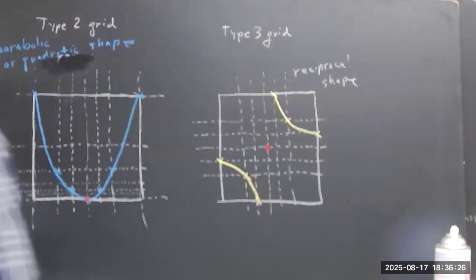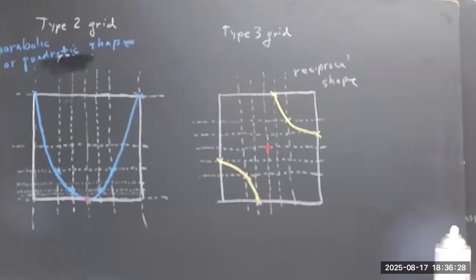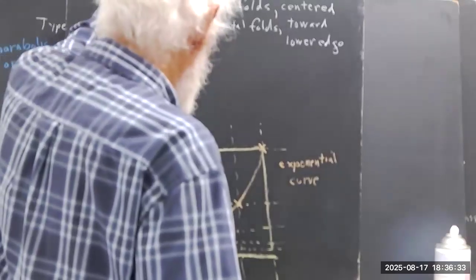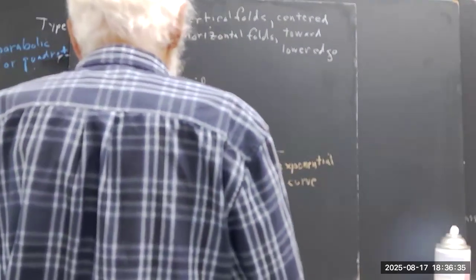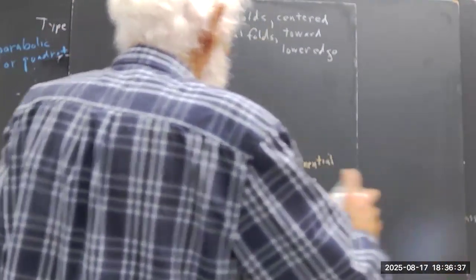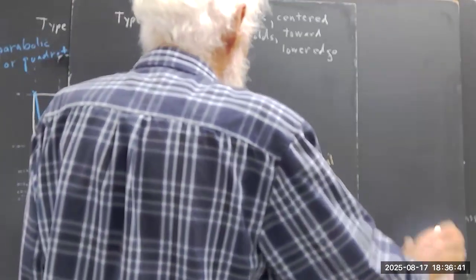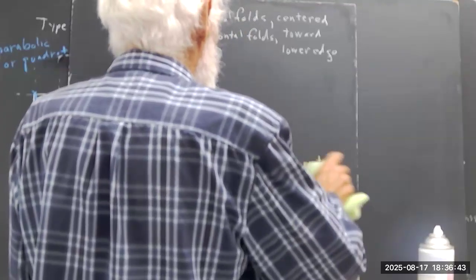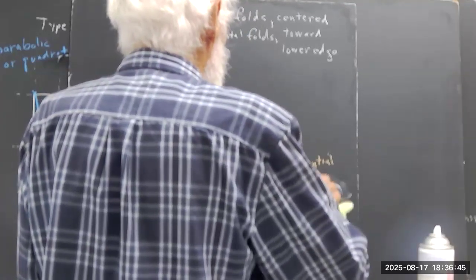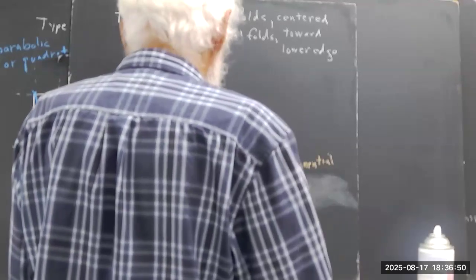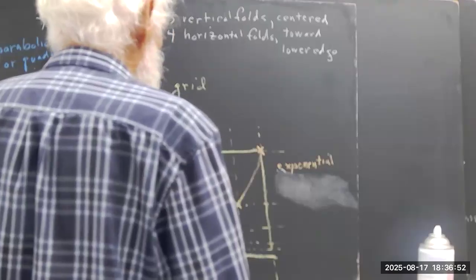If we look here, I said exponential curve. There's nothing wrong with exponential curve, but I try to stick to the idea of the shape that we've constructed. So this will be the exponential shape.